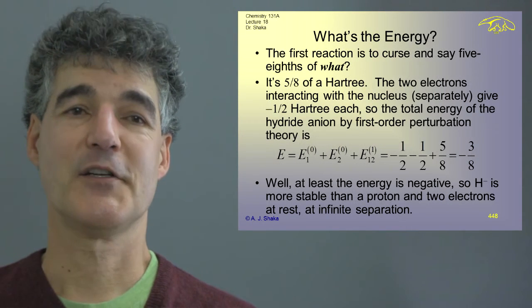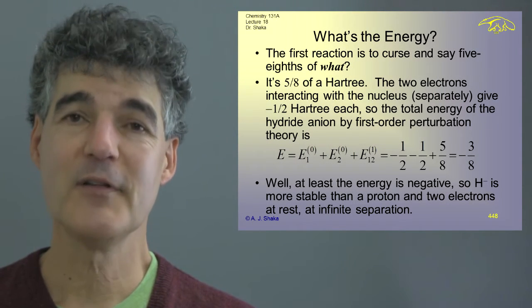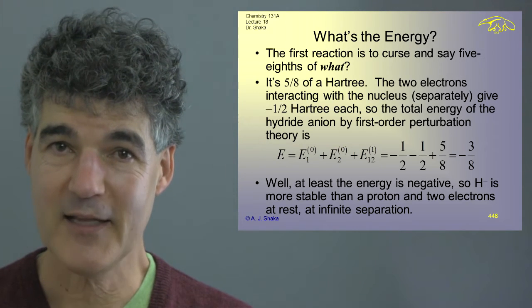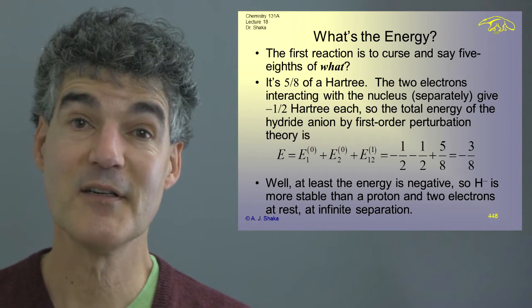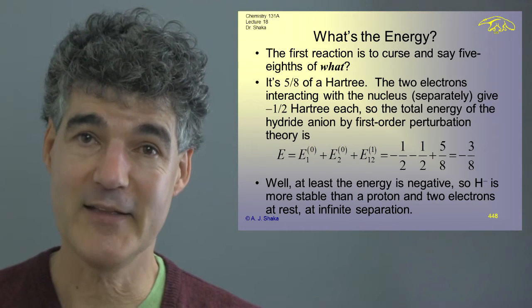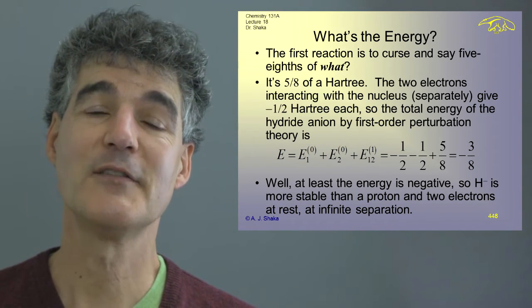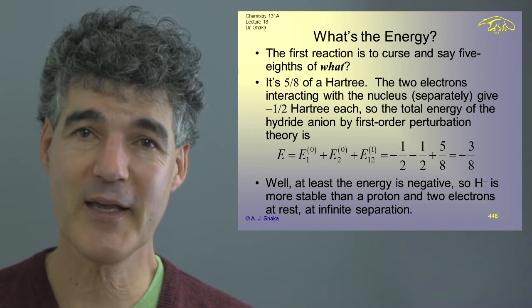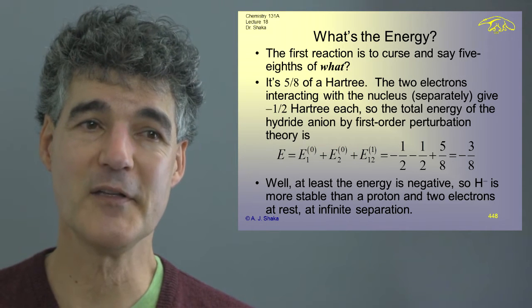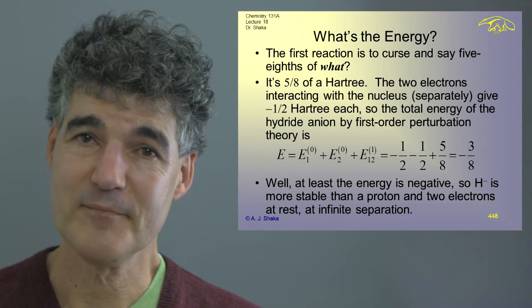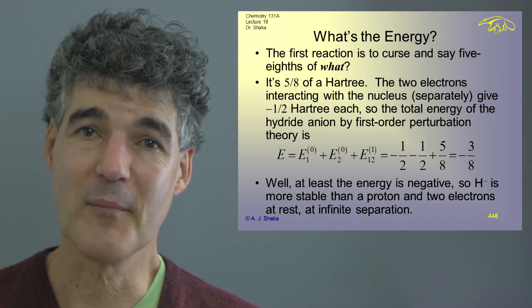The first reaction when you do this calculation is to curse and say 5/8 of what? Well, it's 5/8 of a Hartree because we were working in atomic units. And we know that that's the unit of energy in atomic units.